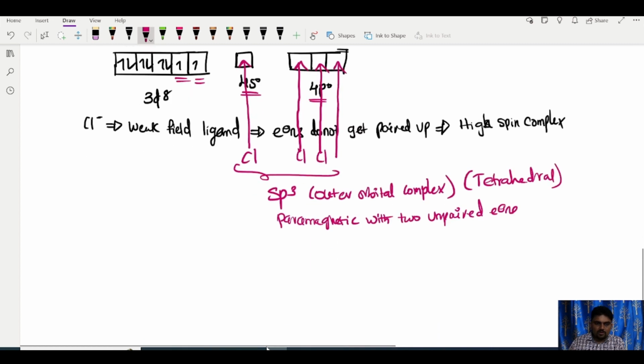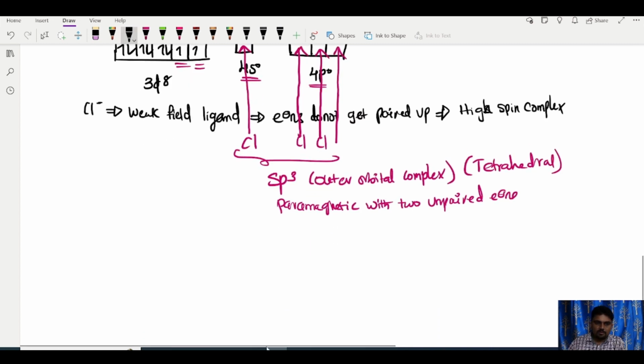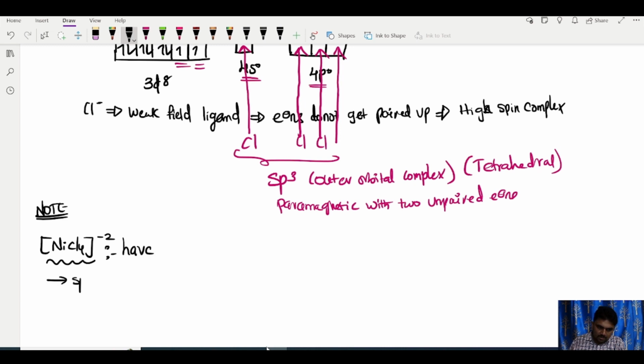So we are going to write all the properties of nickel. Note, you have to remember all the properties of the tetrachloronickelate(II) ion. Which hybridization does it have? sp3 hybridization.